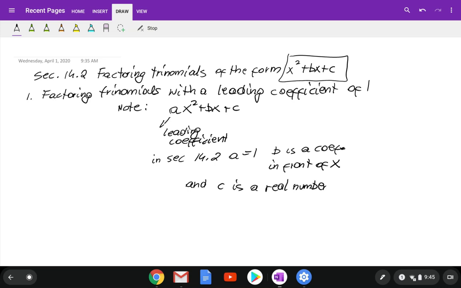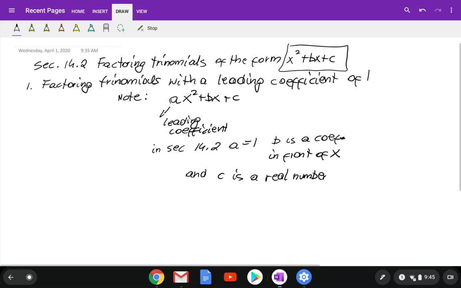Of course, a, b, and c are real numbers, but c is also a coefficient; again, it doesn't have a variable attached to it. Okay, so let's talk about the examples.